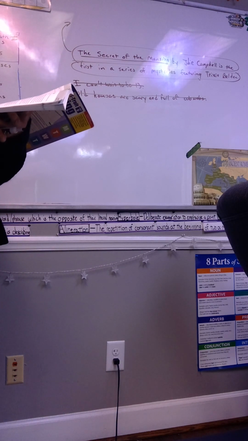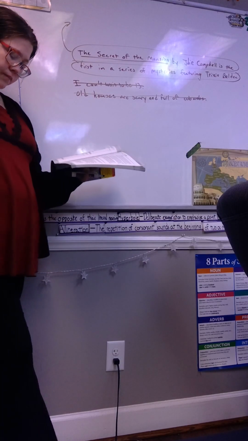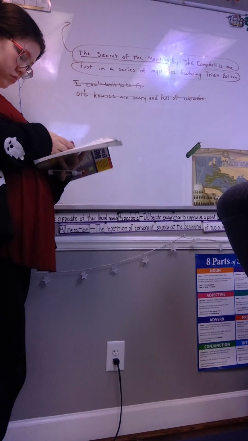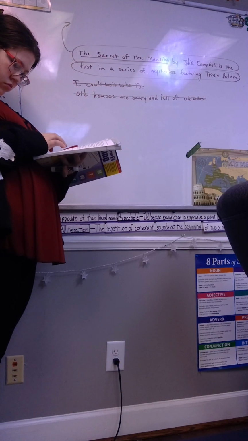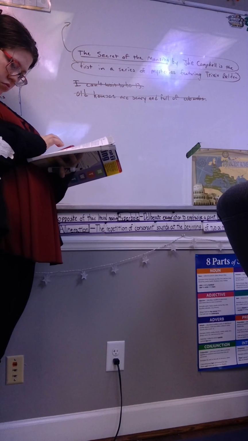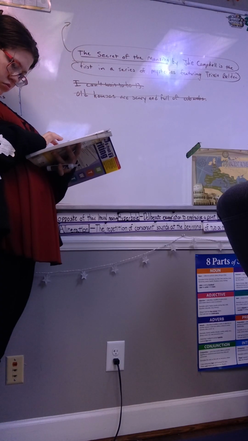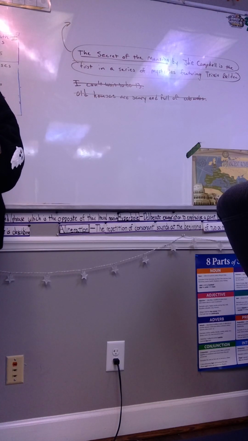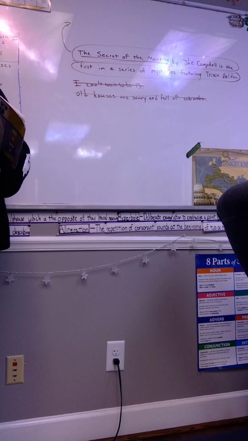Mm-mm. That's a part of the book. Trixie and Herman work together to find an old mansion. It's supposed to be empty, but it's not. Part of the book. Remember, you're looking for sentences that have nothing really to do with the book.